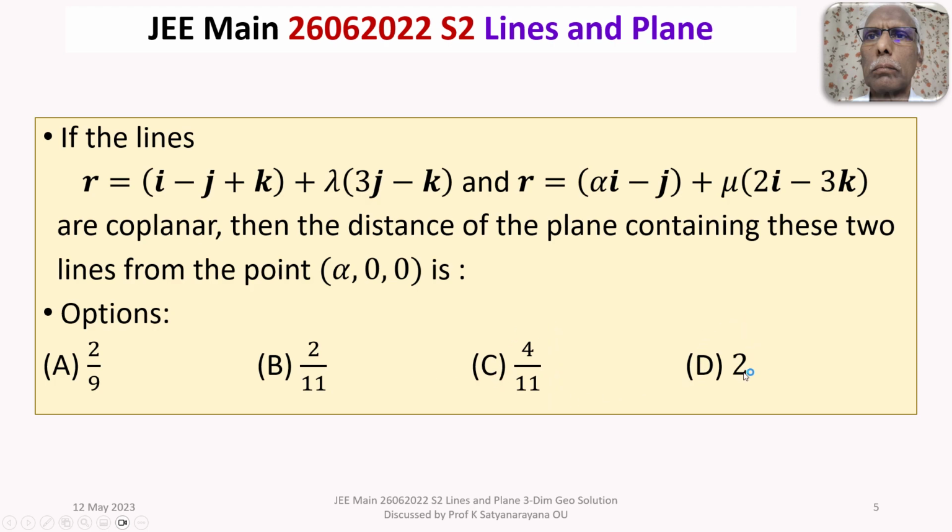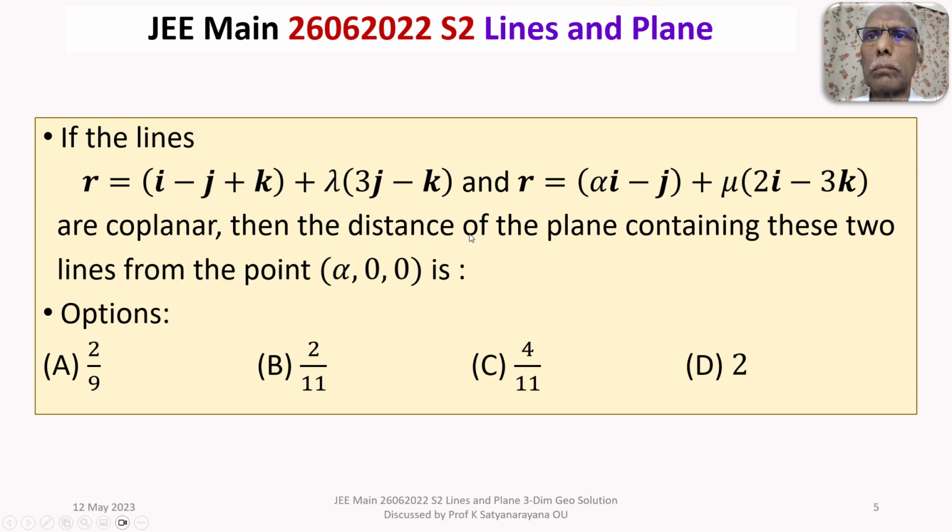Now, we are given two lines in a vectorial notation, and the first line is this one and the second line is this one, in which there is a scalar alpha which is to be determined. These two lines are coplanar, that means they lie in a plane.